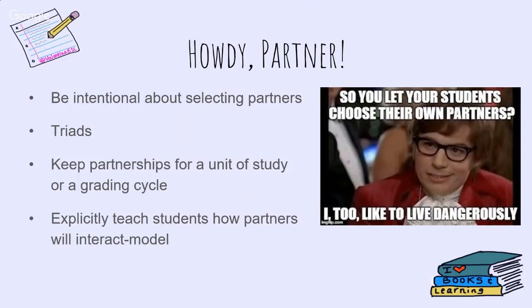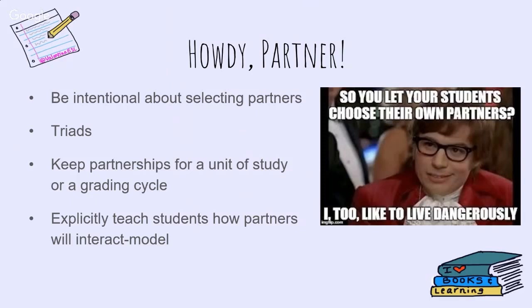You don't want to put me with the best track student in the classroom, the award-winning track student, because I will hold them back. I'm going to hinder them. I want to pair partners with people who will support one another and reciprocate, help each other to become better.